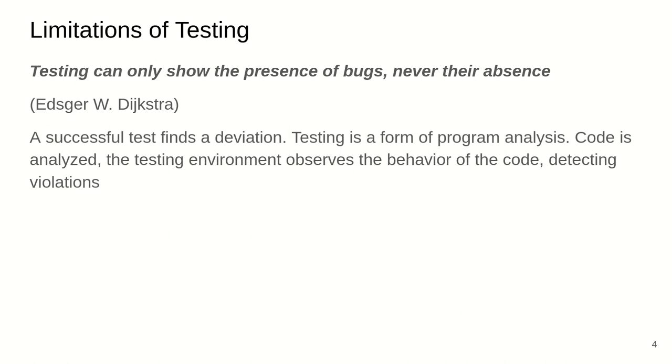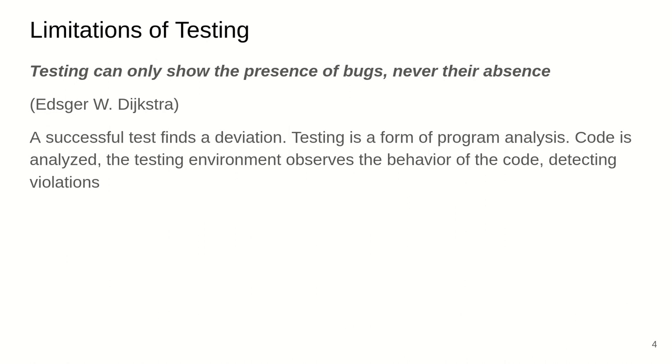And testing will simply check for the presence of bugs, but thereby potentially give a witness of the bug or an indication of where the bug actually is. Because a successful test will find a deviation and actually serve as a witness of an issue. So testing is a form of program analysis, as it looks at the program, looks at the specification, and then searches for violations or deviations.